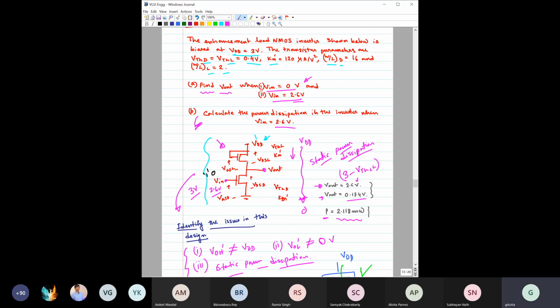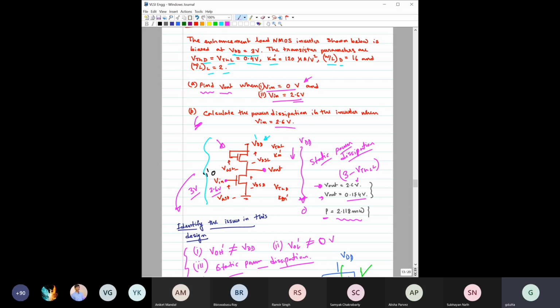And you also need to keep one more thing in your mind, that heating plays a very important role in semiconductor devices. For example, mobility depends quite extensively on the temperature, right?